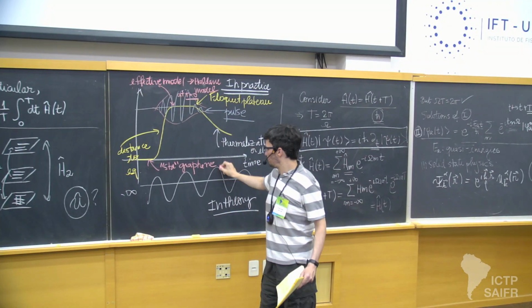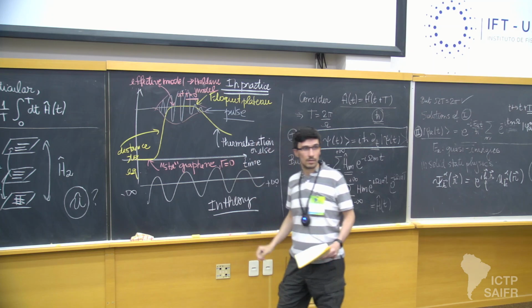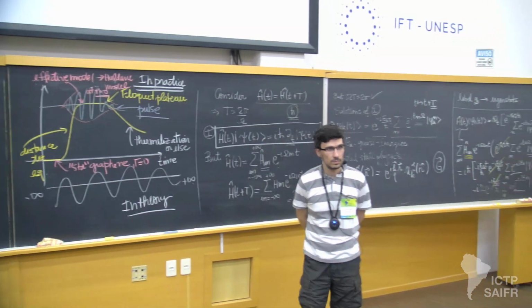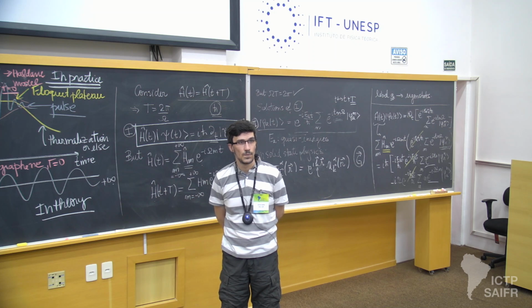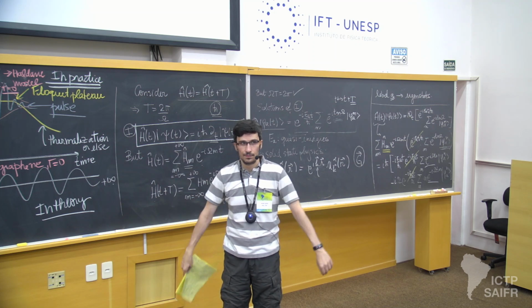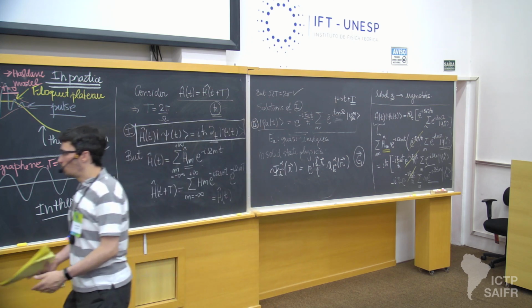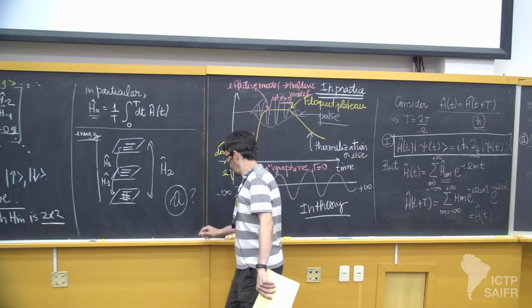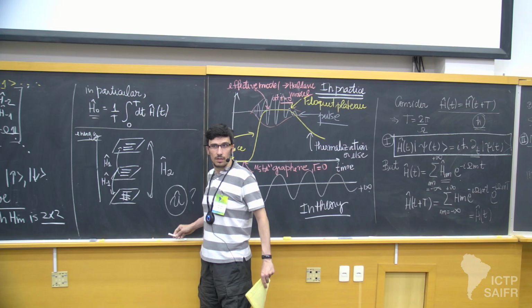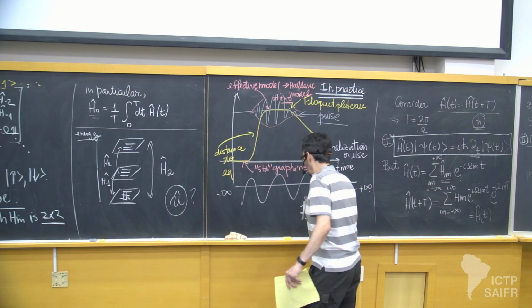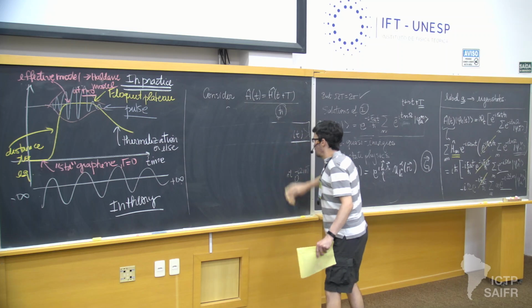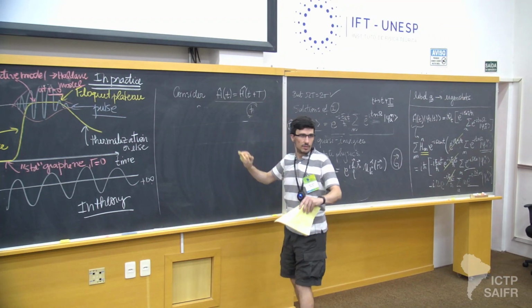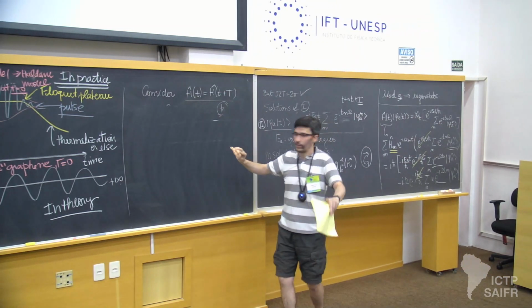Okay, so, let me go one step back. The Hamiltonian can be, let's say, periodic in position, but we're not talking about that, right? This is something else.